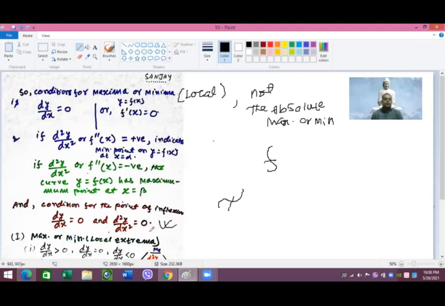And you know that in order to check whether the point of inflection is stationary or not, we have to check in the neighborhood of this point of inflection, where we have to see whether there is an algebraic sign change between at least two neighborhoods of the point of inflection.